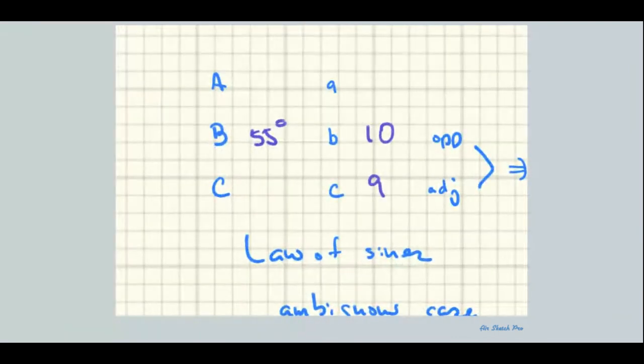So let me just fill it in. From that, we should be able to tell what angle A is. What's angle A now? We've got two angles, you need the other one.